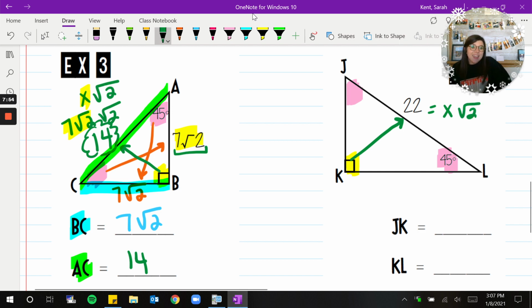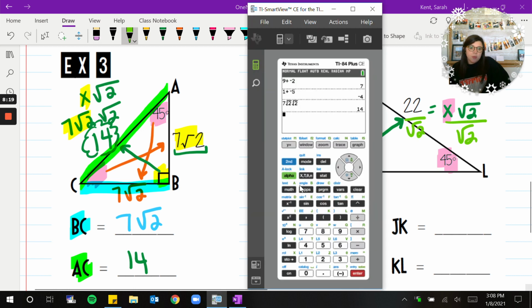So I need to take this to find out what is just the x, because that 22 is equal to whatever x is times the square root of 2. To get x by itself, I want to divide by the square root of 2: 22 divided by the square root of 2.